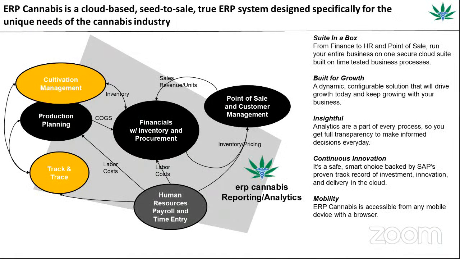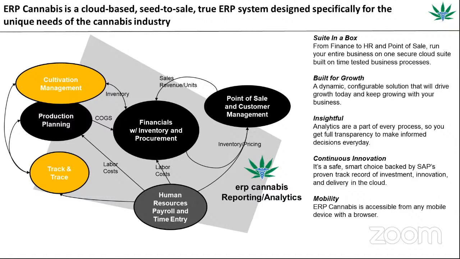ERP Cannabis is built on the eBA platform, our electronic business automation platform. And on this application, from seed to sale, you can manage all of your cannabis-related operations: production, quality control, purchasing, sales, customer relations, finance, as well as compliance with regard to the cannabis industry.